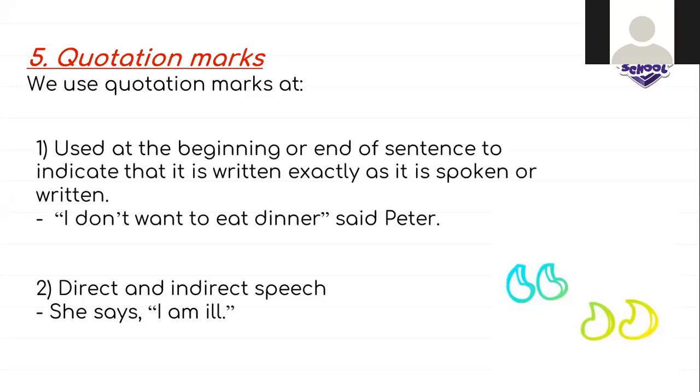Or quotation mark, I don't want to go to school, quotation mark, said Zoe. Okay. Or we use quotation marks with direct and indirect speech. She says, quotation mark, I am ill, quotation mark. Or he said, quotation mark, I feel lost, quotation mark. Okay.